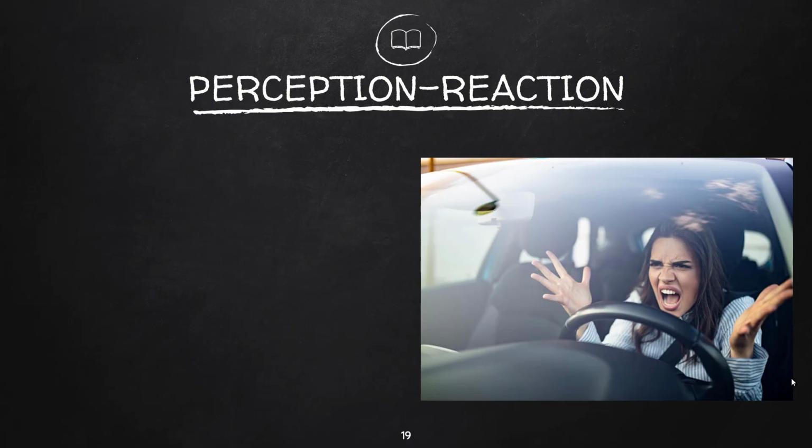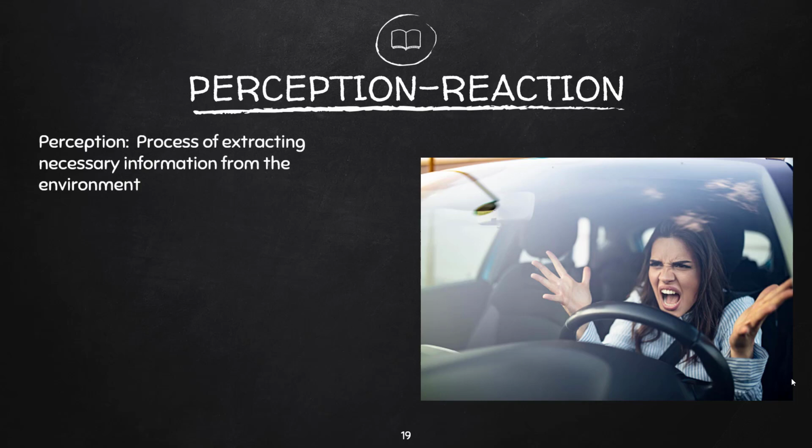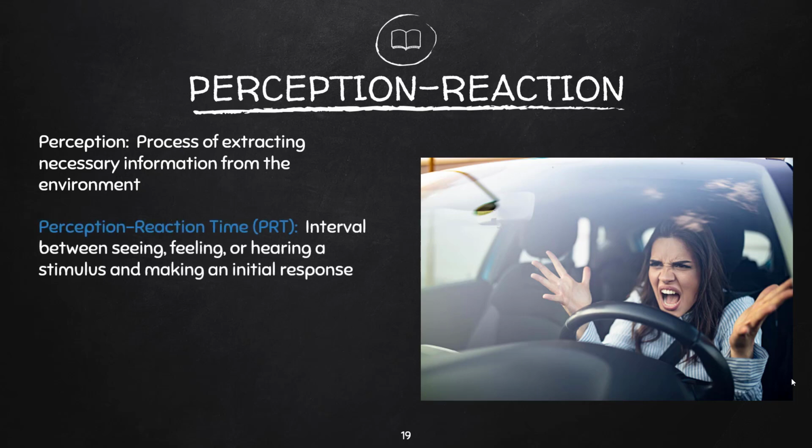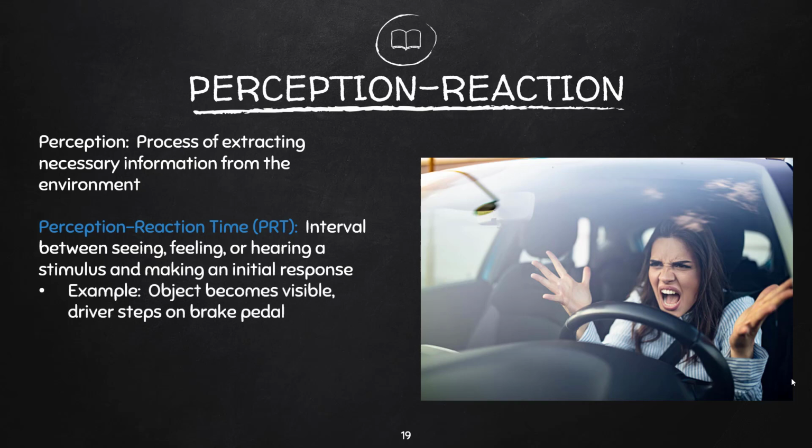Now we move to perception reaction. So what is this? Perception first is the process of extracting necessary information from the environment, while perception reaction time is the interval between seeing, feeling or hearing a stimulus and making an initial response. So this is important for designing roads because we need to design it based on the ability of the users, and that is humans.